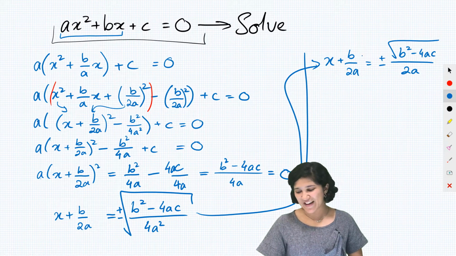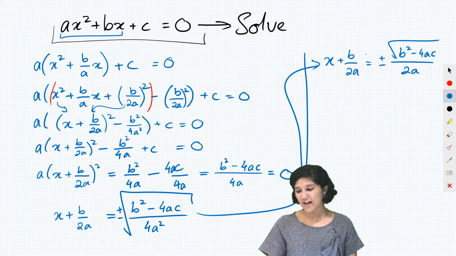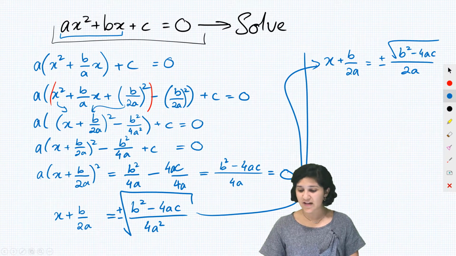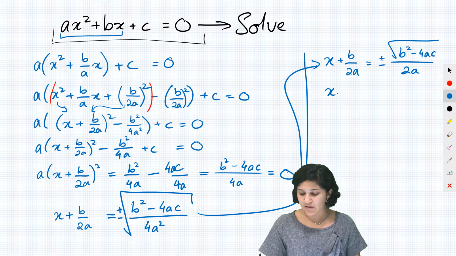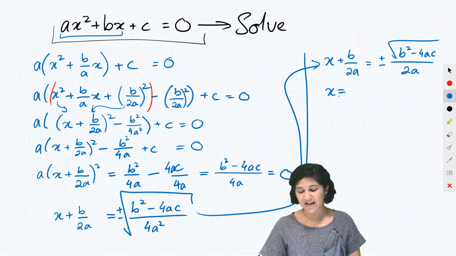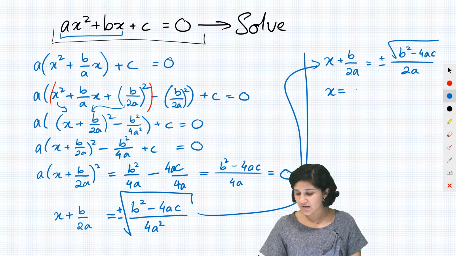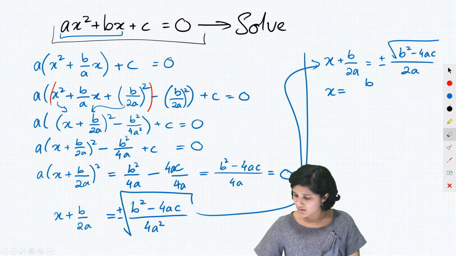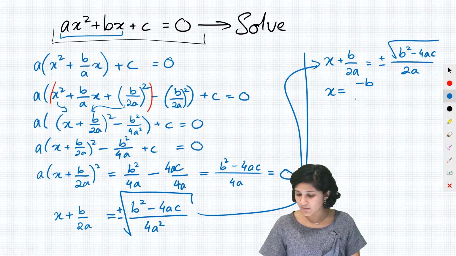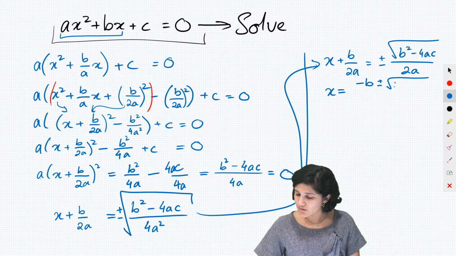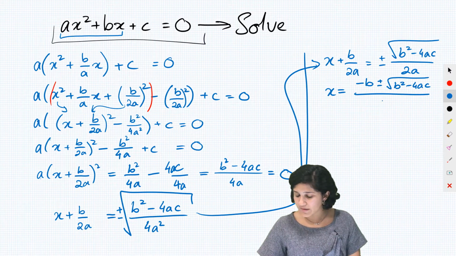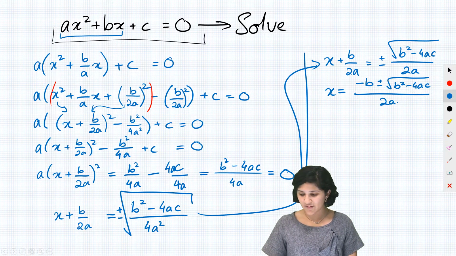So finally, I can move this b over 2a to the other side. And because I noticed that the denominator is the same, I can just combine it all into one fraction. So my solution is x equals negative b, plus or minus the square root of b squared minus 4ac, and all of that is over 2a.